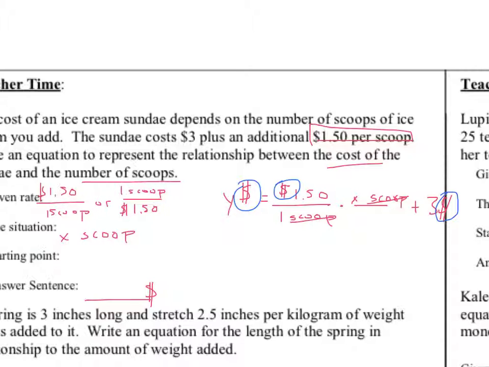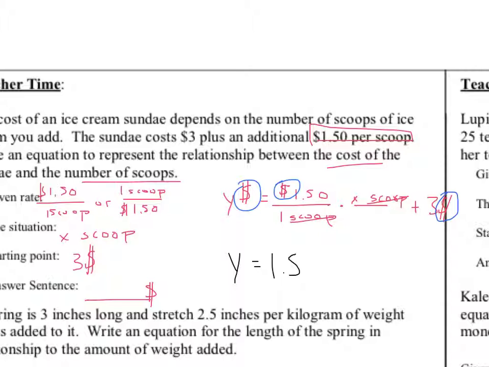So our starting point over here we said was $3. Now that we're ready to write this as a single equation, I bring down my y. I just take off its units because I don't need the units when I'm writing the equation. 1.5 over 1, well, that's just 1.5.